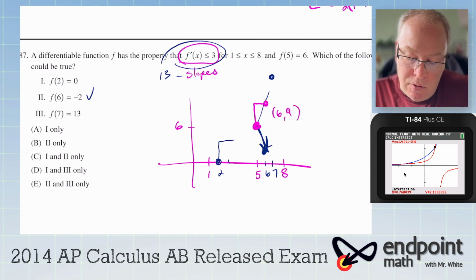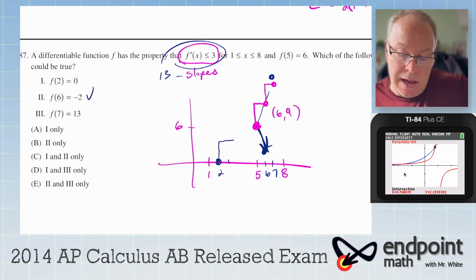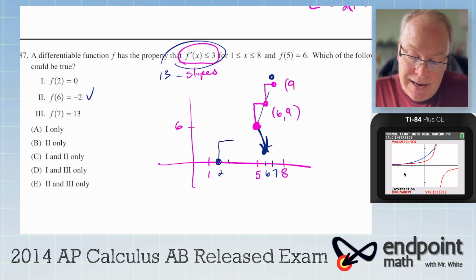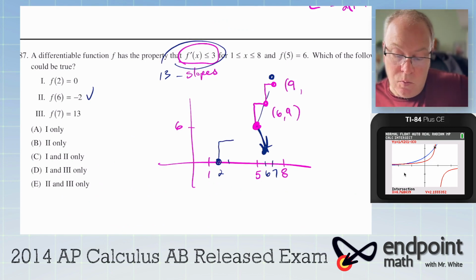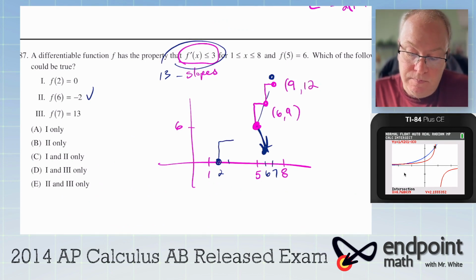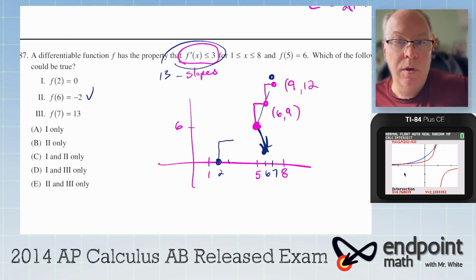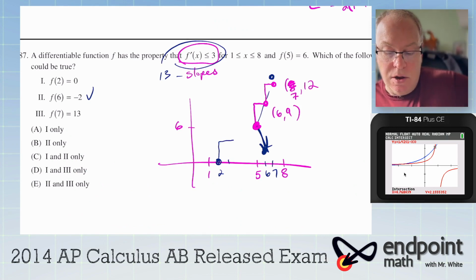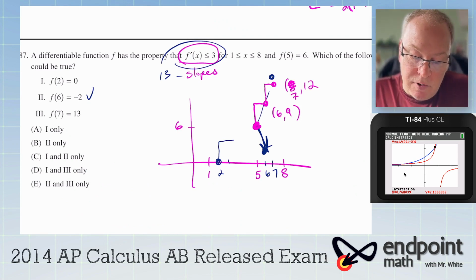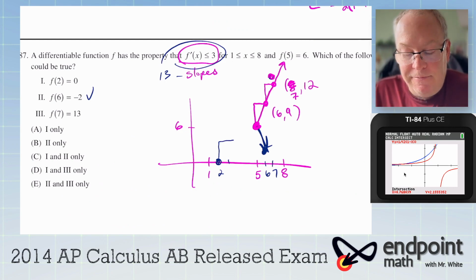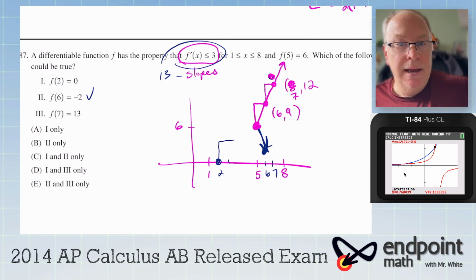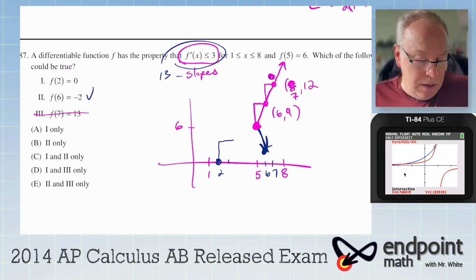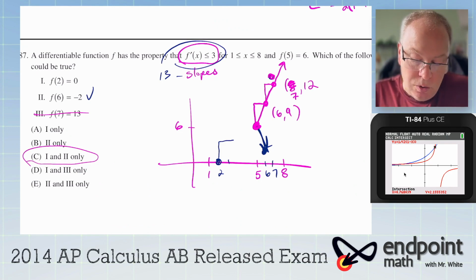And then if we go up 3 again, which is the maximum rate that we can do, that would put us at 12. I'm sorry, this is at 7. Up 3 over 1. So could we ever have gotten to this point up top? Nope, because this was the fastest rate we could have ever gone. And that last point is above that. So the answer is 1 and 2 only.